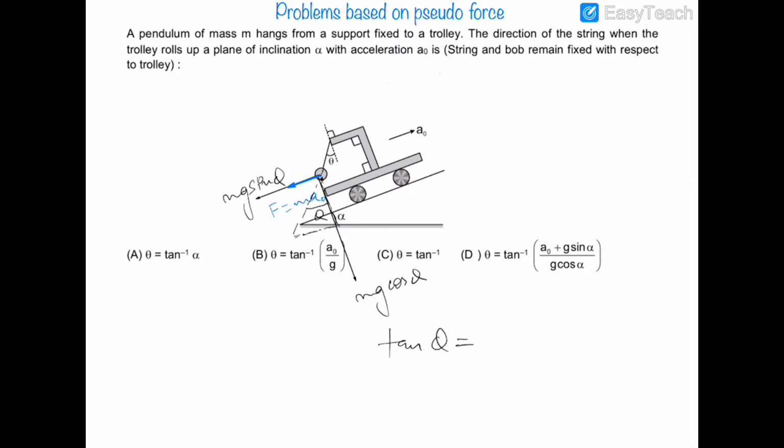Now the complete force along this perpendicular is mg sin alpha plus ma naught, and the force which is acting along the base is mg cos alpha. So in fact this angle is alpha.